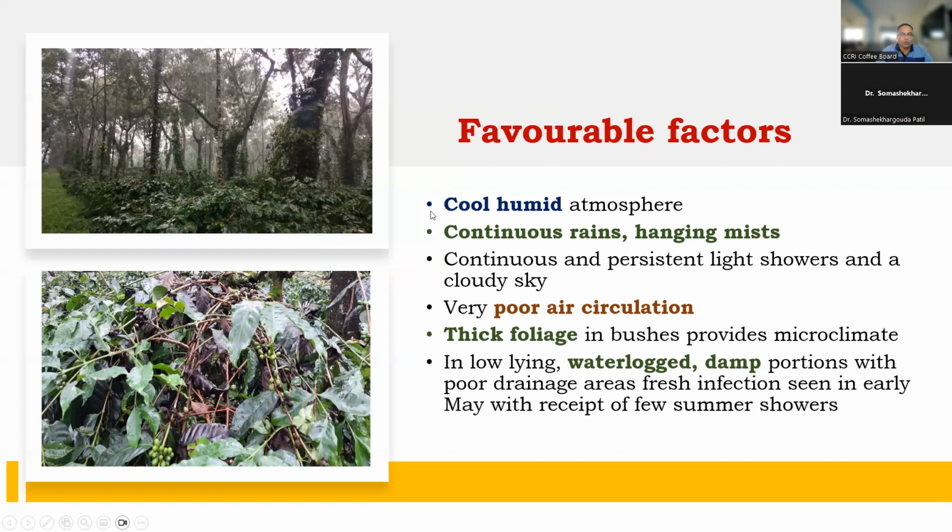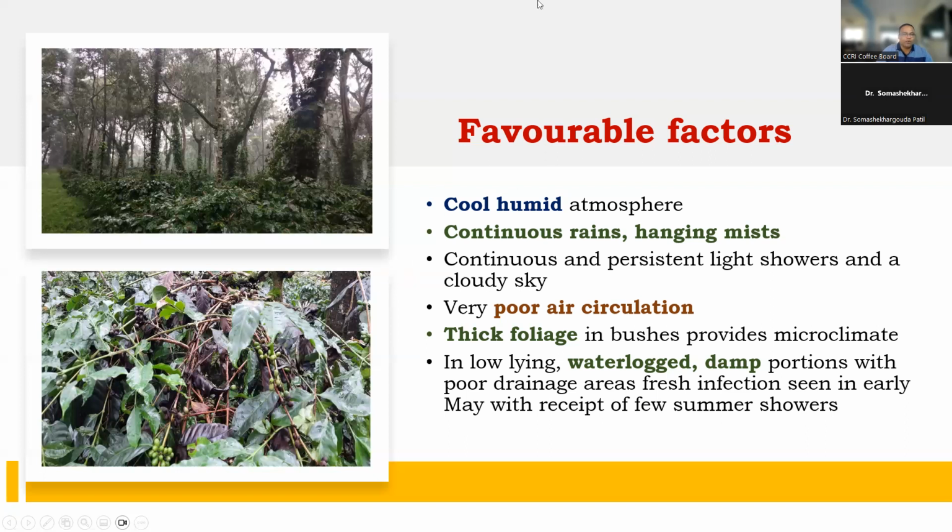Even if there are no heavy rains, a continuous and persistent light shower with a cloudy sky also maintains very cool, humid conditions. So this weather, light showers with a cloudy sky, is equally effective in making this pathogen or this disease active.